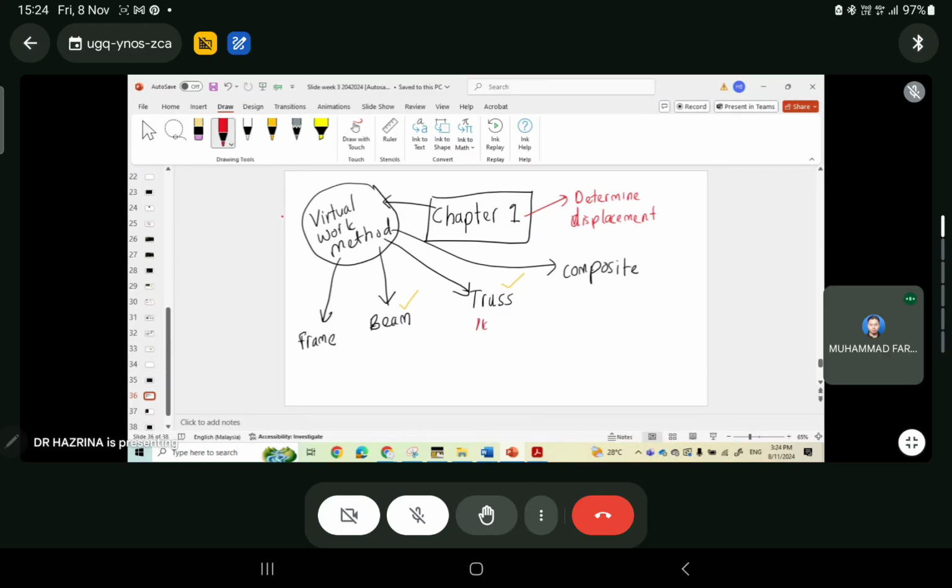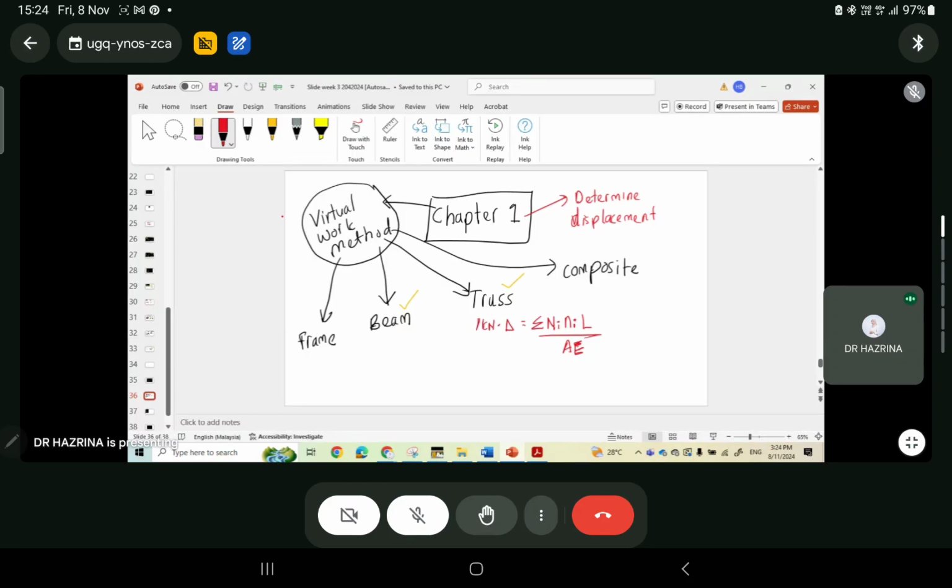Anyone? 1 kilonewton times displacement equals summation of capital N, small n, and L over AE. All right, thank you. So that is for truss systems to determine displacement.